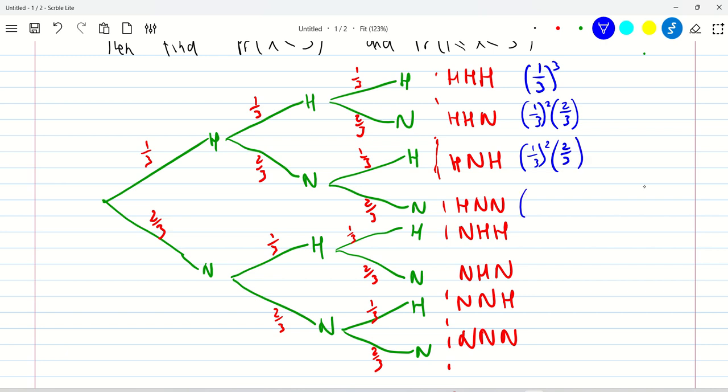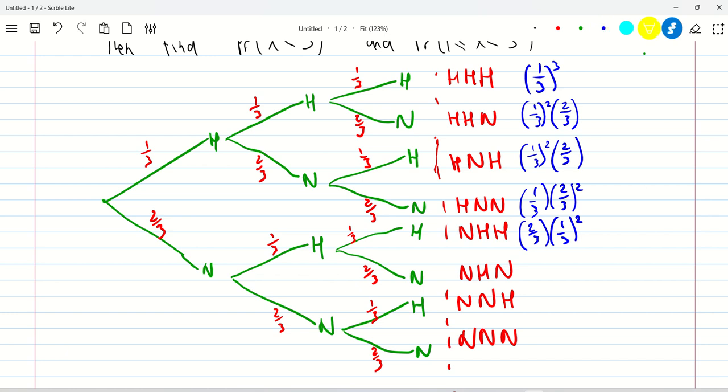Homework, not, not will be 1/3 times 2/3 squared. Not homework, homework. So not is 2/3, and homework is 1/3 squared. Hope you see what I'm doing here, multiplying the fractions as I go through a path.